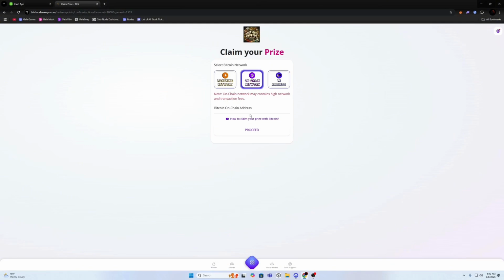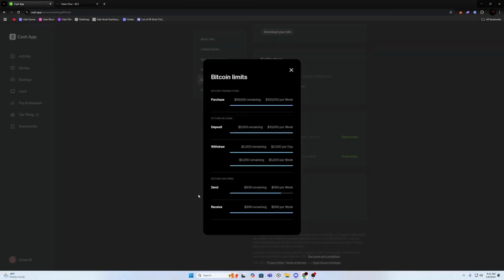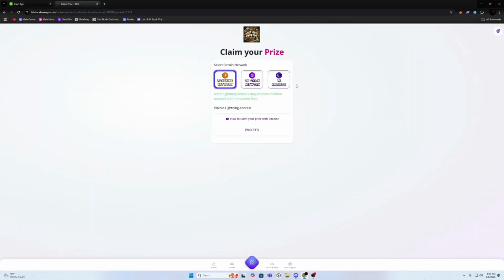Because if, for example, you choose the Lightning Network and you are over your limit, in our example, $1,000, when you log into BitCloud Sweeps and you go to process this, it will generate the invoice. However, you will not receive the money because when the invoice is being processed, it's going to get denied.